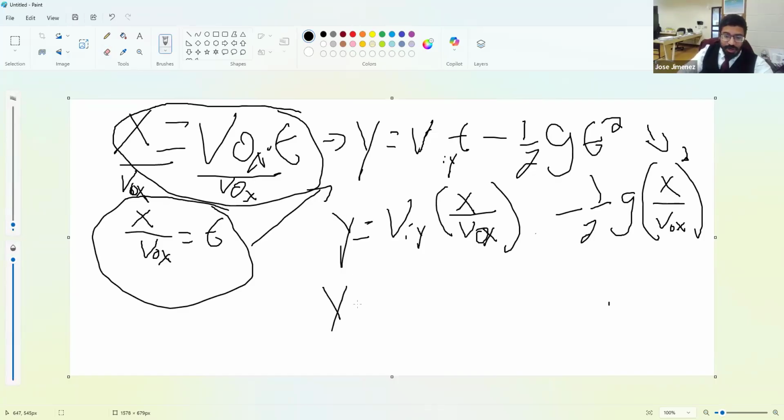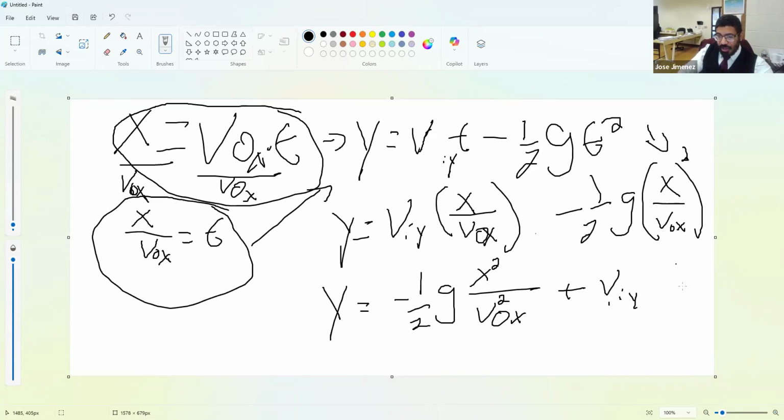And then you have y equals negative 1/2 g of x divided by v naught x, but this should be an x squared, and it should be a v squared, plus v initial y x over v naught x. That should be what they're looking for in part A of this question.